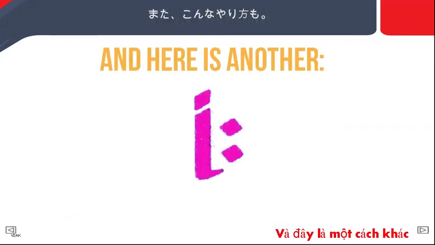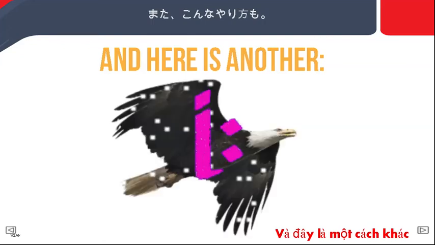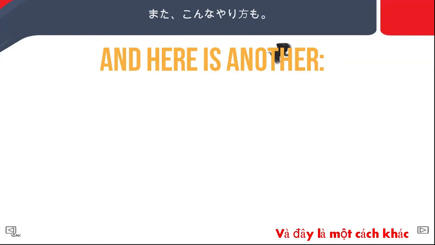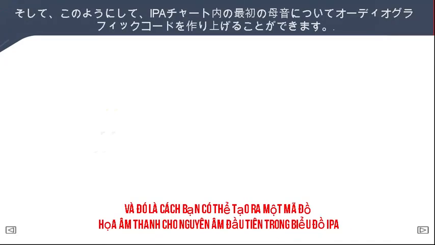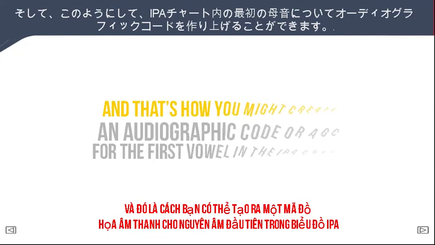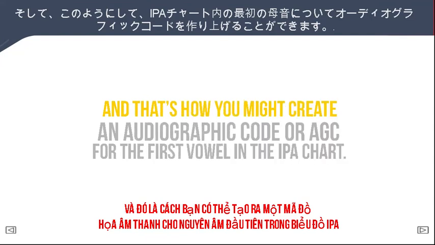And here is another. And that's how you might create a memory image for the first vowel in the IPA chart.